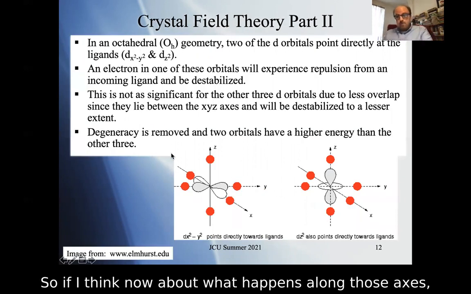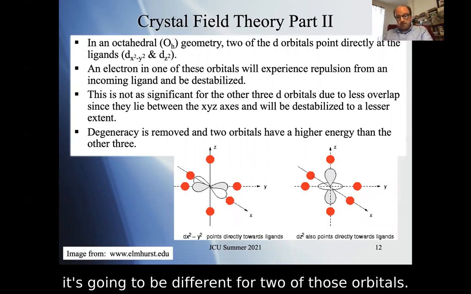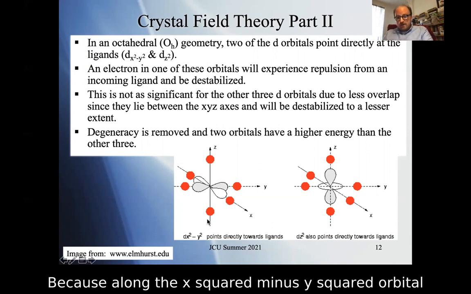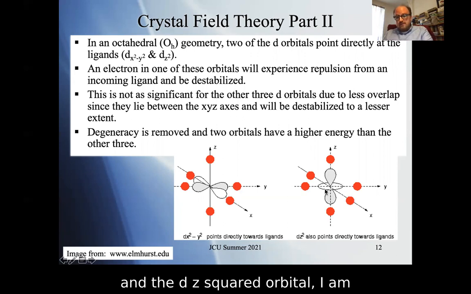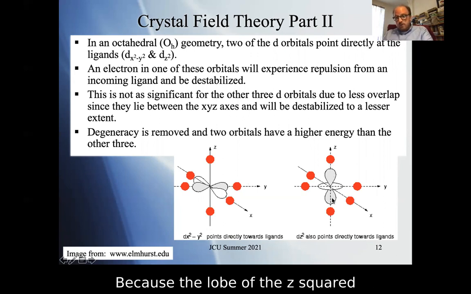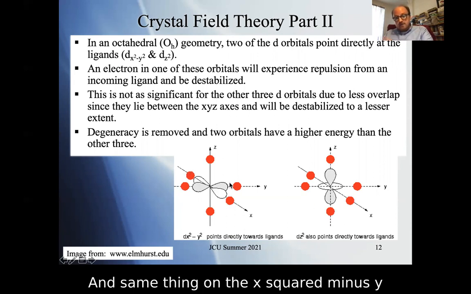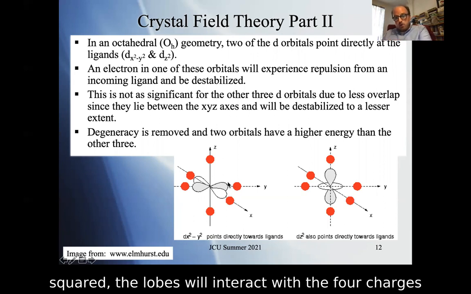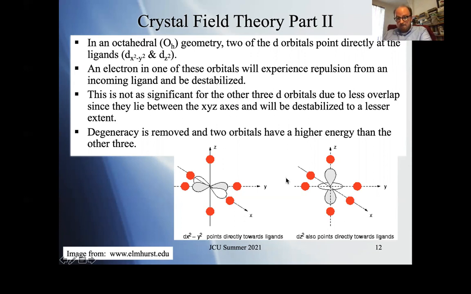So if I think now about what happens along those axes, it's going to be different for 2 of those orbitals. Because along the x squared minus y squared orbital and the dz squared orbital, I am going to have head-to-head interaction, right? Because the lobe of the z squared can interact with the 2 charges. And same thing on the x squared minus y squared, the lobes will interact with the 4 charges on the xy plane coming in.